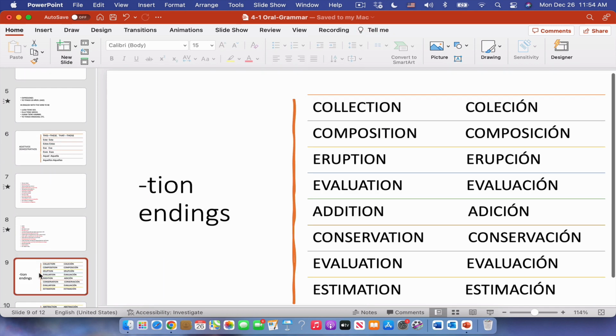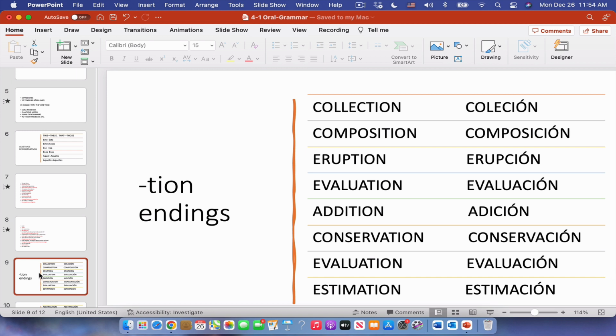Okay. Now, one more thing about this chapter is that we have seen some endings that are very easy to basically translate into Spanish. In this case, we have the ending tion. There is a bunch of words in English ending with tion, like collection, composition. These words are also very easy to translate into Spanish because in Spanish they end with ción or sión.